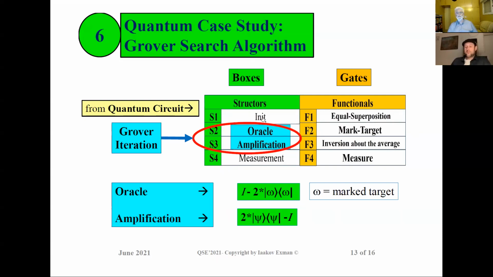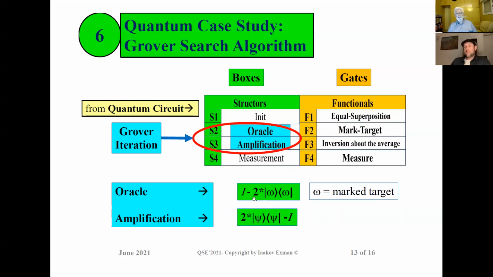The structures were described previously, and the same about the functionals. The only point that we wish to stress again here is that the oracle and the amplification together constitute the Grover iteration. And so this is a module, the 2x2 module in this case.